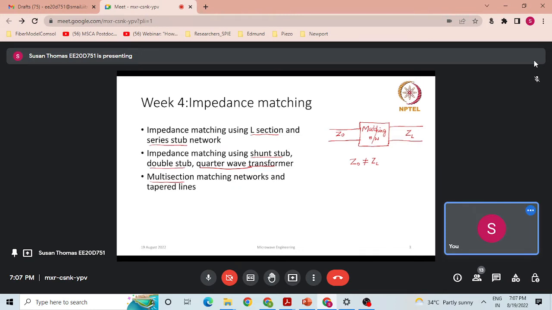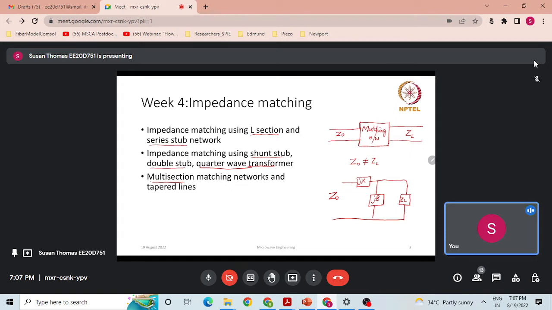To start with, an introduction to the L section: as the name suggests, it's in the shape of the letter L. So if you have a network like this, jX and jB, these are the reactive elements, and then you have ZL, which is the load, and Z0 is the characteristic impedance of the transmission line.